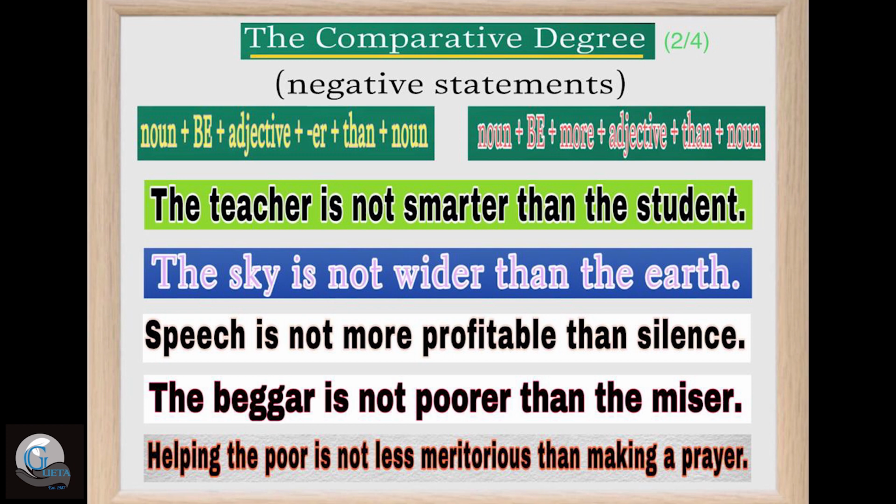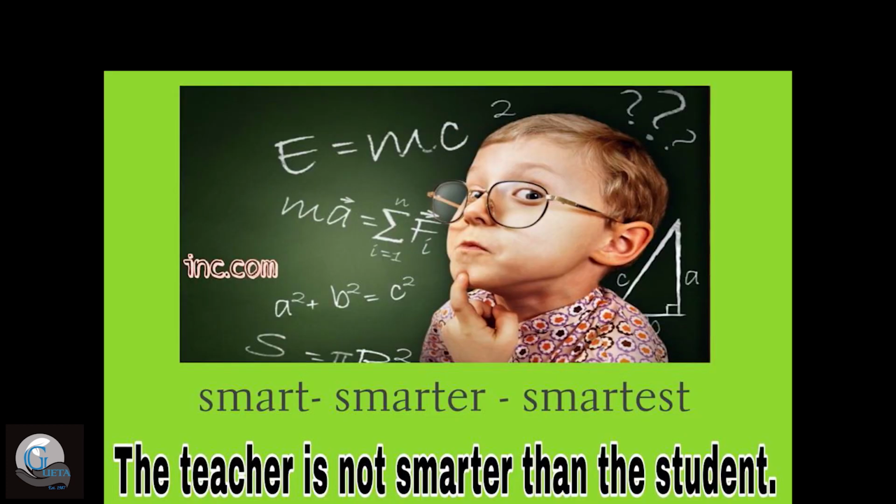Apart from turning the negative into the affirmative, we can use the formula as discussed above to change them into the positive degree. Let's start with the first example. Reversing the order of the nouns which are being compared, use the student as the subject of the positive degree.